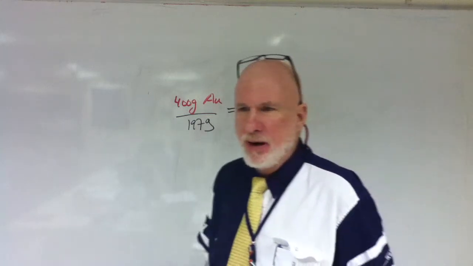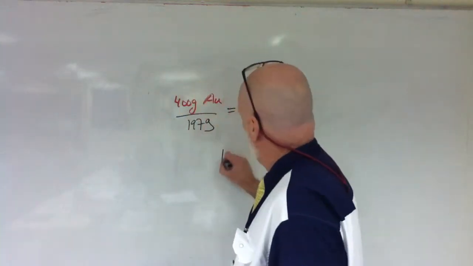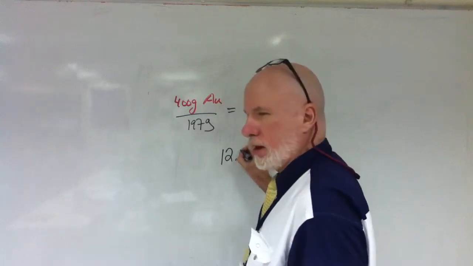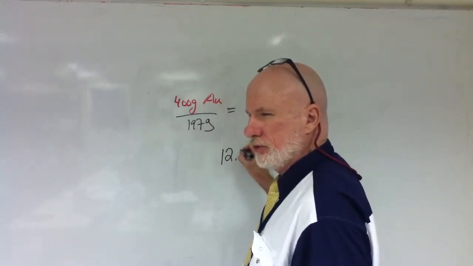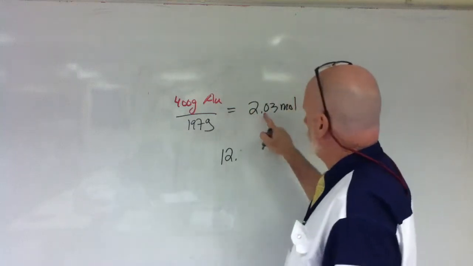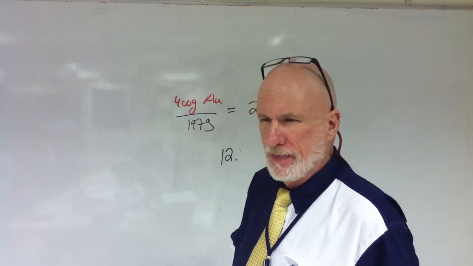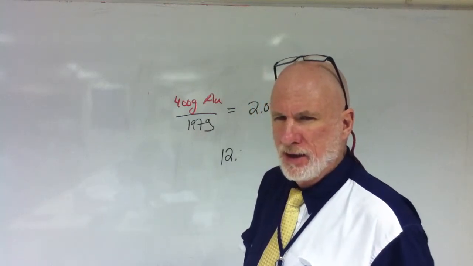And then how many particles is that? Approximately, well, what is 2.03 times 6.02? 12.22.